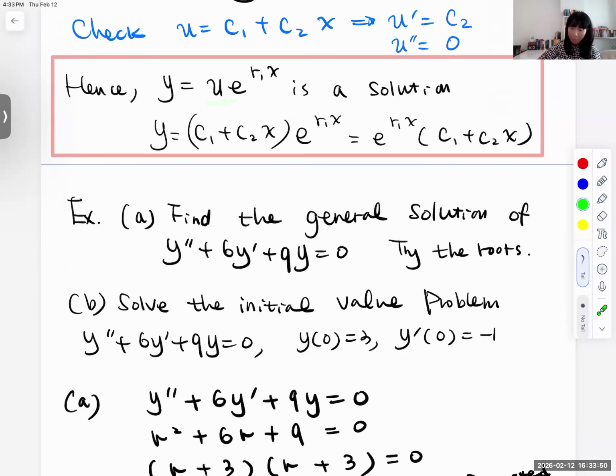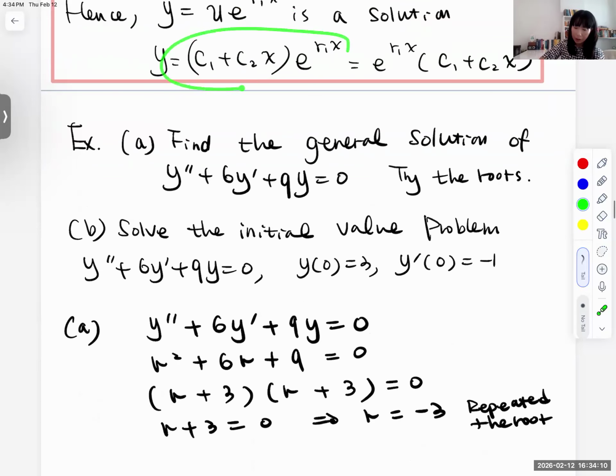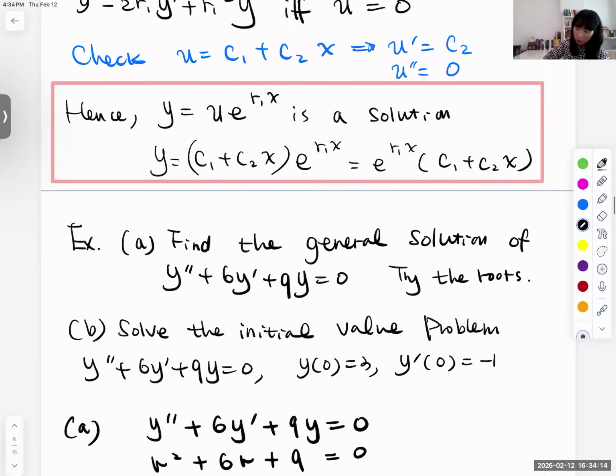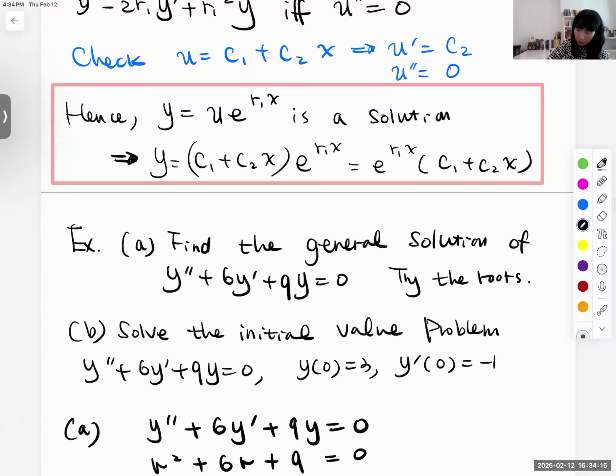So that would be y equal to u, which is e to the r sub 1 repeating, negative 3 in the case, x, yeah? Then what's the u? u is c sub 1 plus c sub 2x, yeah? Make sense? And let me just use this one. So this will be u.